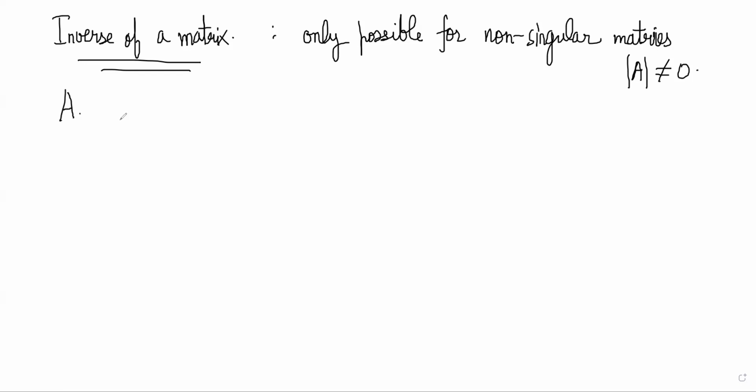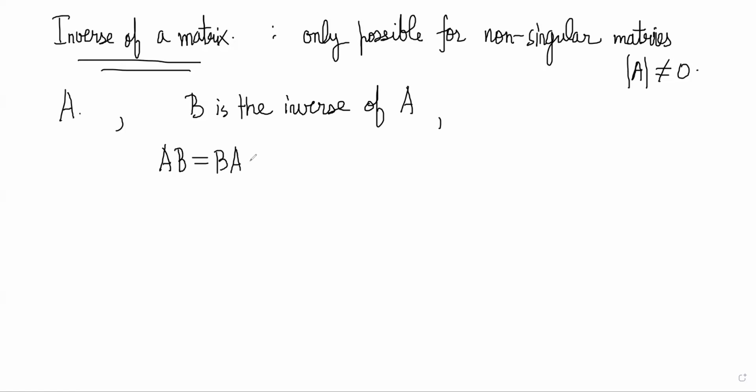If you have a matrix A and B is the inverse of A, and both A and B are square matrices of order n, then AB is equal to BA is equal to In. This is the fundamental definition of the inverse.